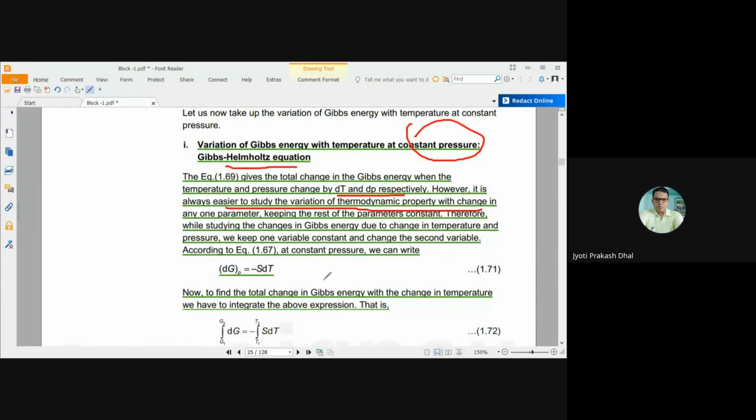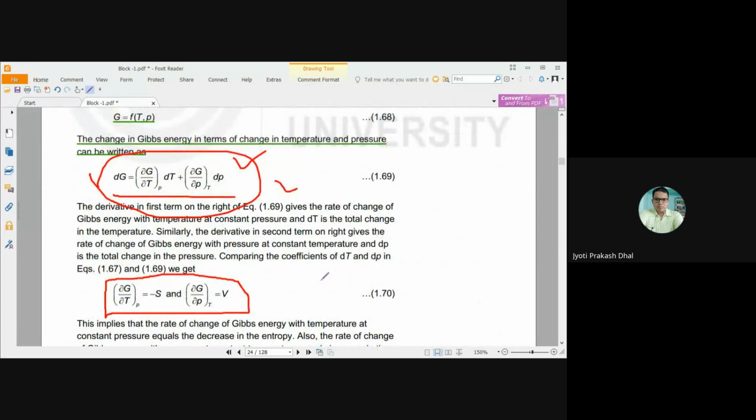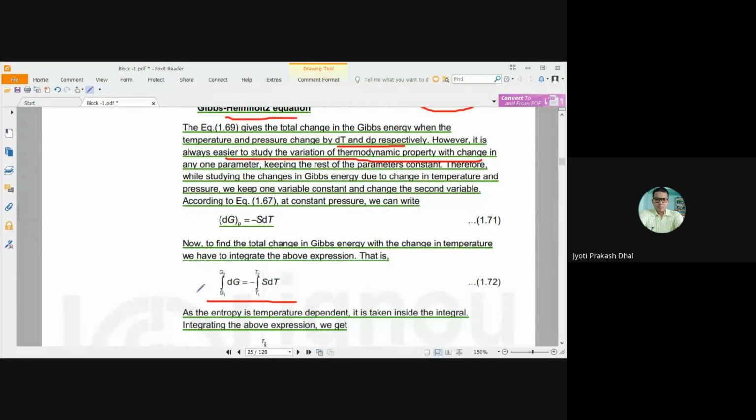So when dP is 0, this term will be 0 and the value of dG will be (del G by del T) at constant pressure dT only, and this one is minus S. So at constant pressure, we can write dG equals minus S dT. The second term will be 0 because at constant pressure dP is 0.